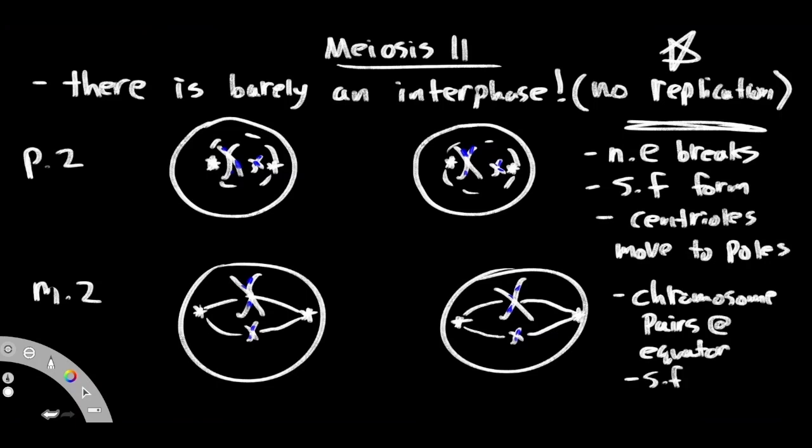And those spindle fibers attach, like always, to the centromeres of those chromosomes. But again, the important thing to note is that these sister chromatids within this chromosome, same as these ones here, they are no longer identical because they've crossed over. So that's the big difference. When they start to get pulled apart this time, they are genetically different now.